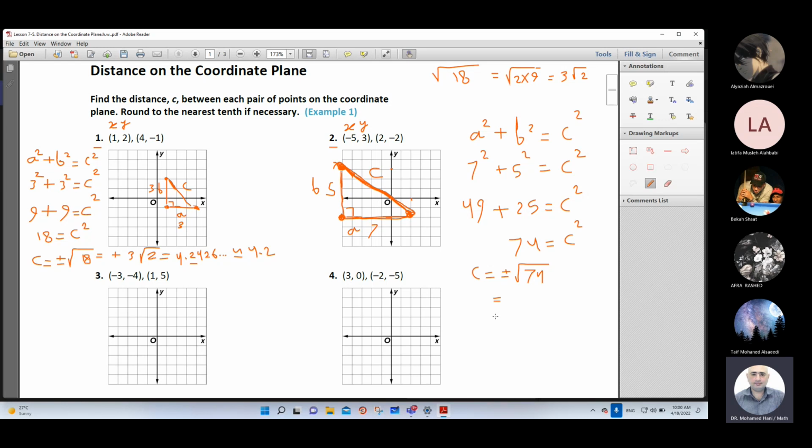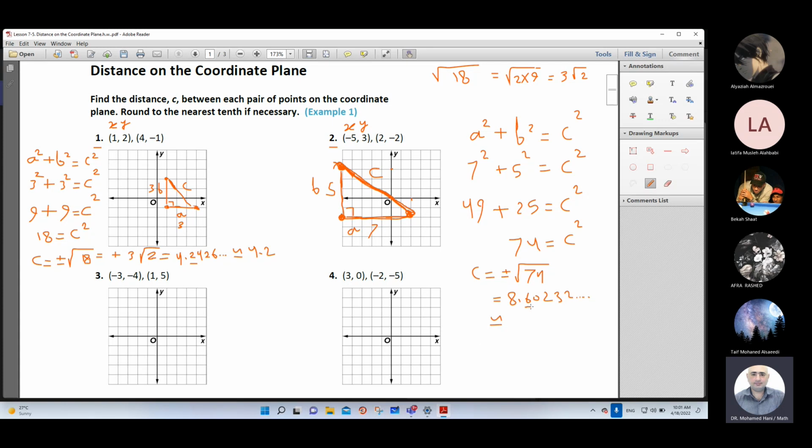We can use the calculator here to find the square root of 74. And the answer exactly is about 8.60232, etc.